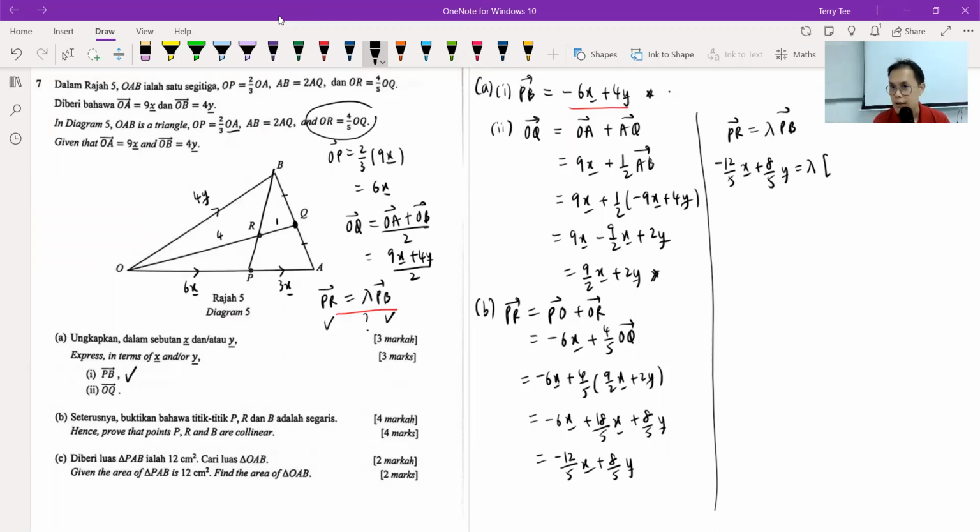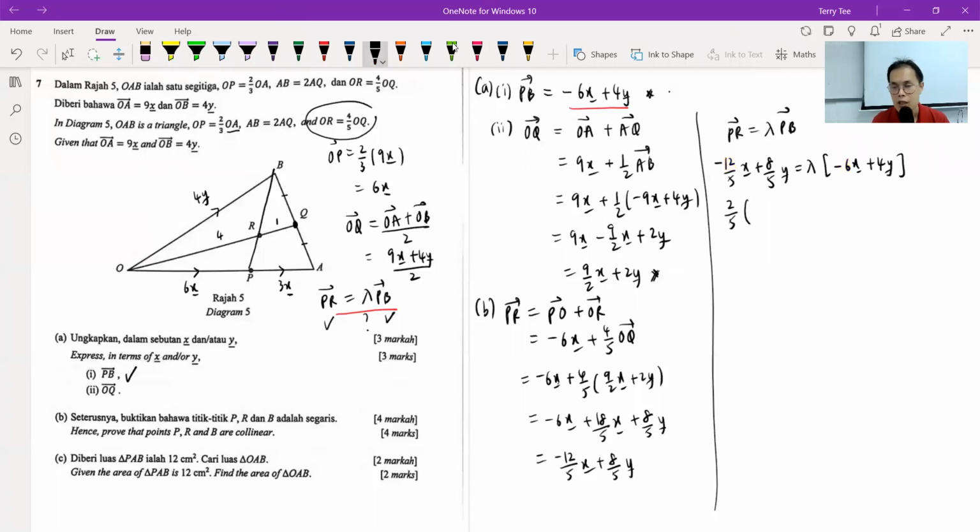Okay, can we factorize them? Take out a common factor. You don't actually have to take out everything, because I can see that 12 and 6, the difference is what? 6 times 2 is 12. So I'm just going to take out 2, and I have a fraction 5 here.